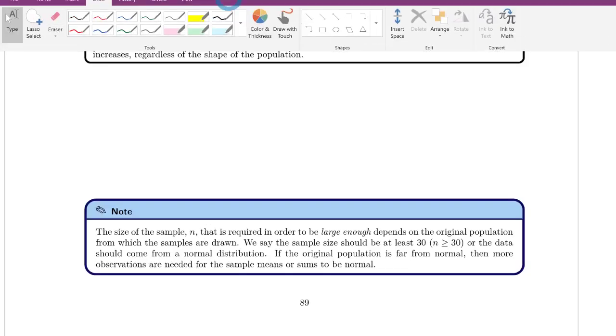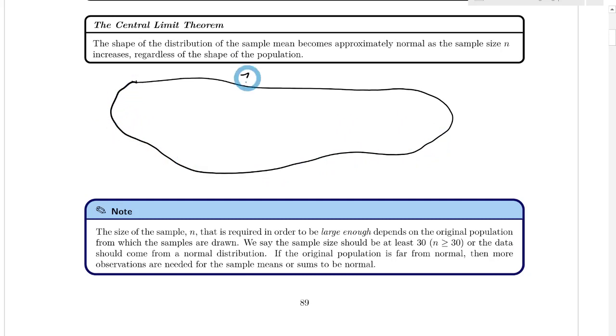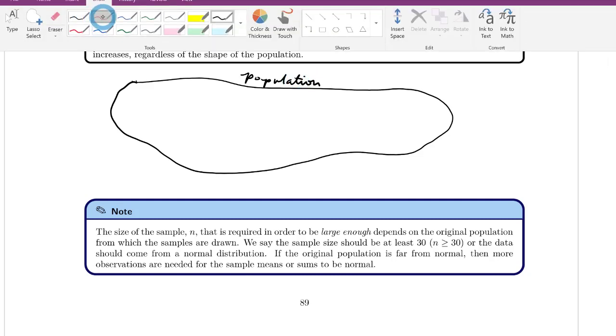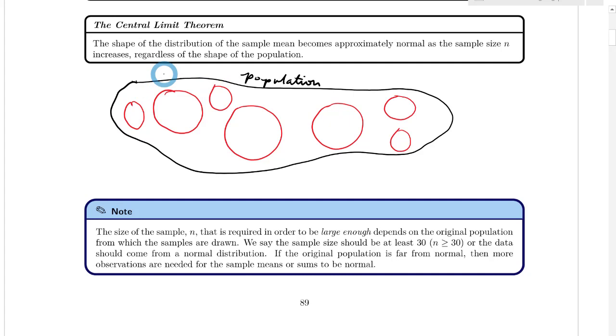Okay, so now let me go ahead and draw a picture here. So let's say here's the population. And if I went ahead and drew some samples, so here's a sample, sample, sample, sample, sample, sample, sample, right?